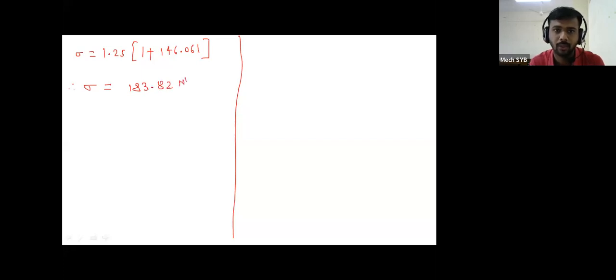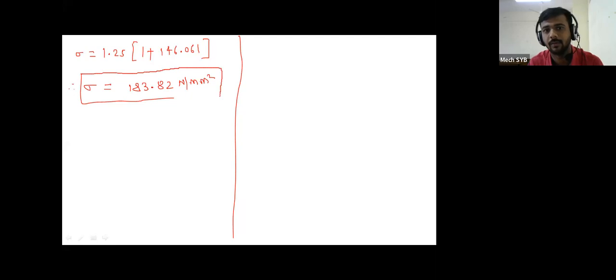Please check your answers, those who have calculated. 183.82, 183.81. Yes, all answers are the same now. 183.82 Newton per mm square. This is the stress induced in the bar due to the 500 Newton load striking the circular disc.